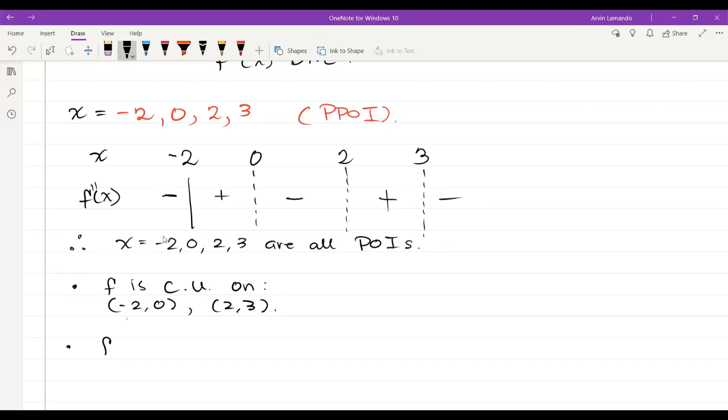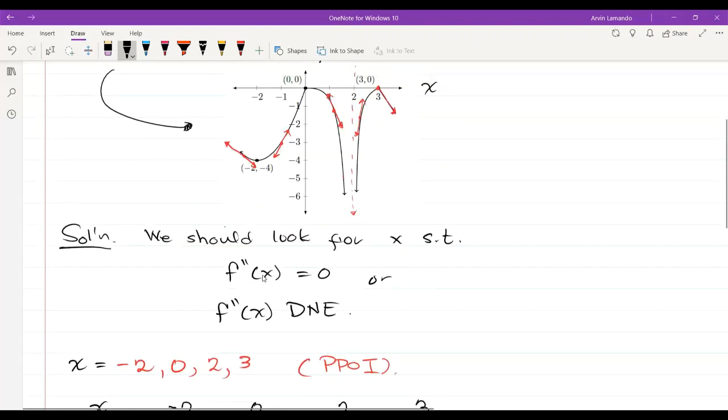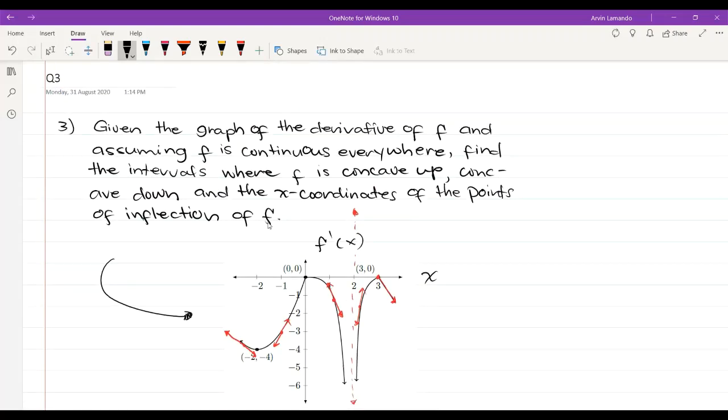On the other hand, f is concave down on negative infinity to -2, 0 to 2, and 3 to positive infinity. Okay, that should be all.